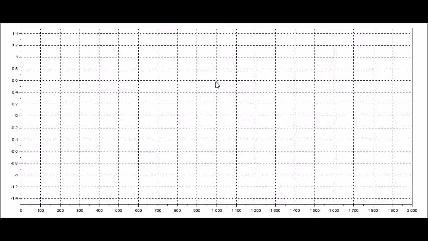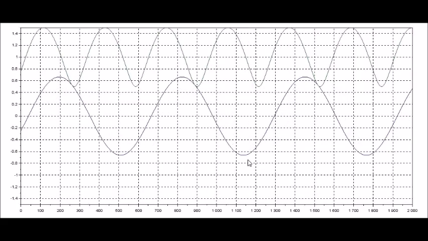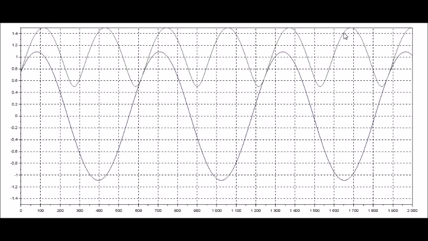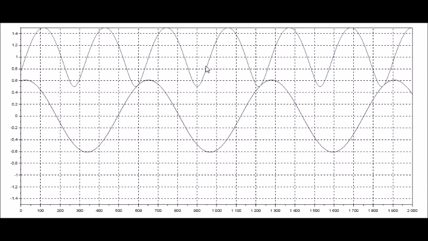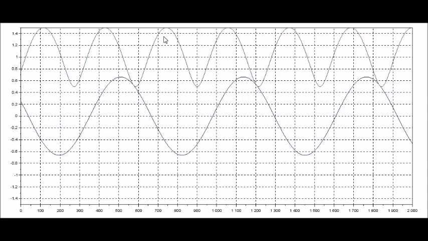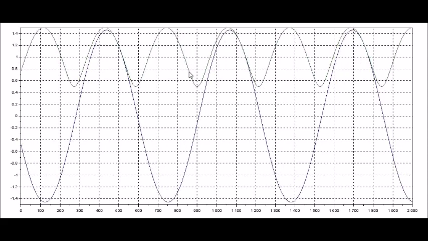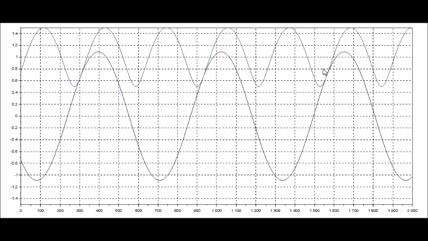However, you can also see that there is a variation in the amplitude. Now the green profile which you see here is the one which we plotted towards the end of the last video lecture, and this is the amplitude profile. So what exactly do we mean by that?